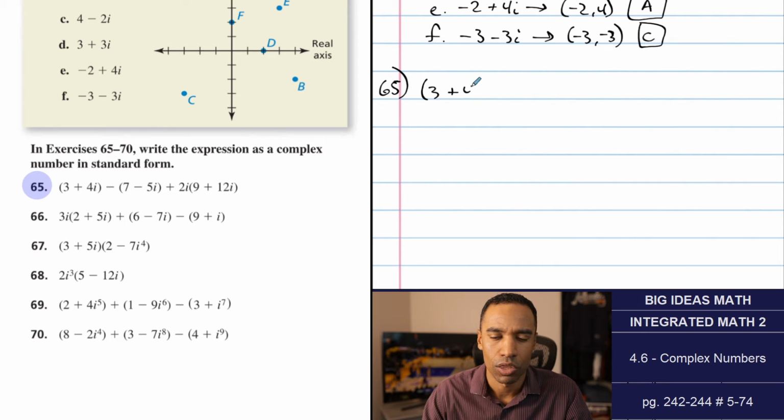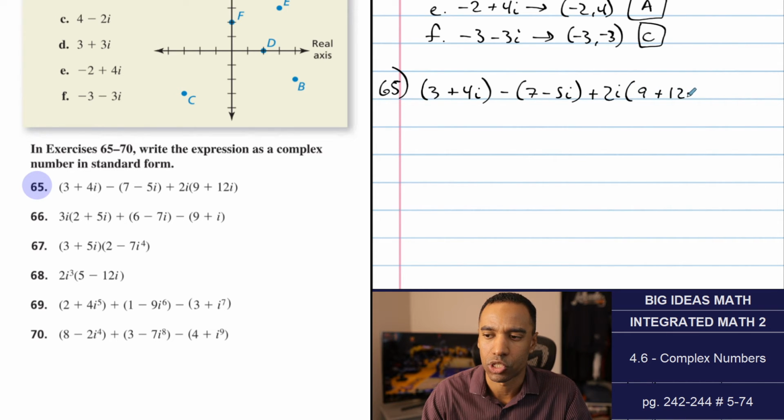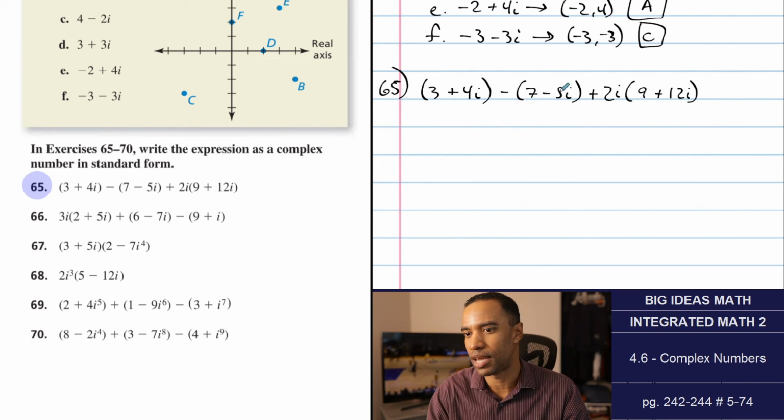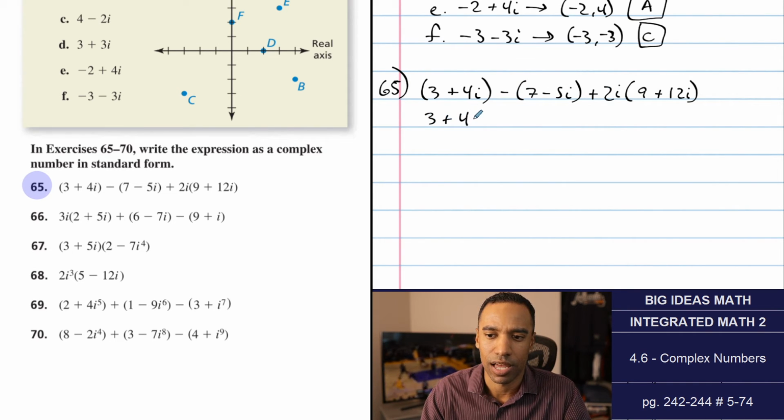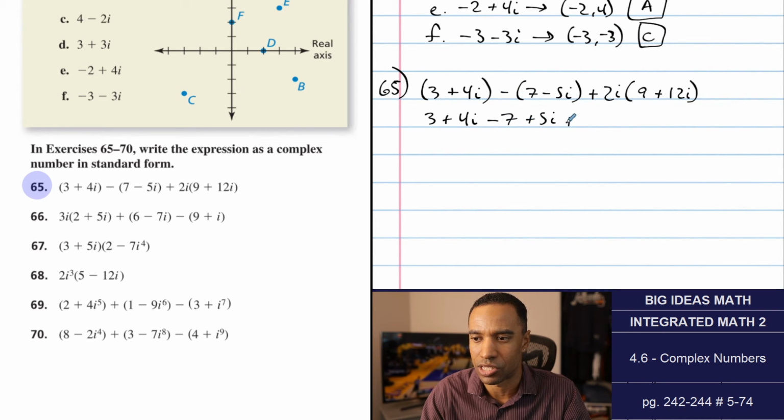3 plus 4i minus 7 minus 5i plus 2i times 9 plus 12i. It's just asking you to do some work. We did a lot of drill and kill in the beginning, guys. I'm going to go pretty fast here. I've explained it now. Now I'm kind of doing the problems until there's something new I've got to teach.